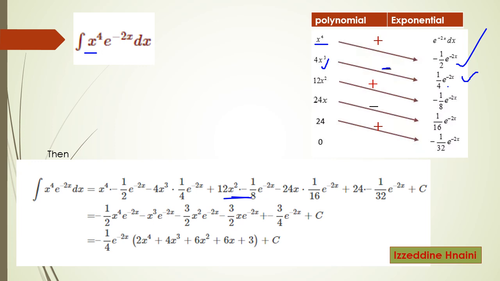We get this quantity, and we can take minus 1 over 4 e power minus 2x as a common factor.